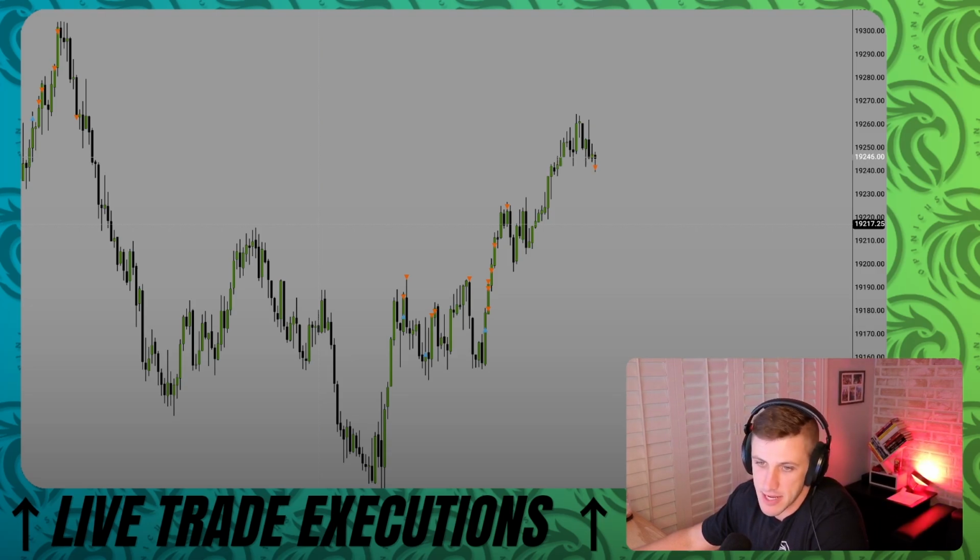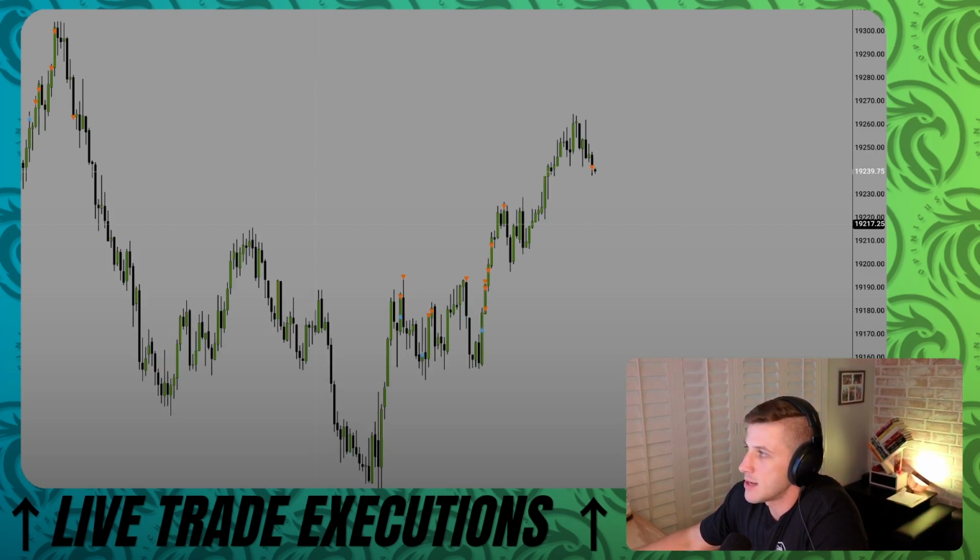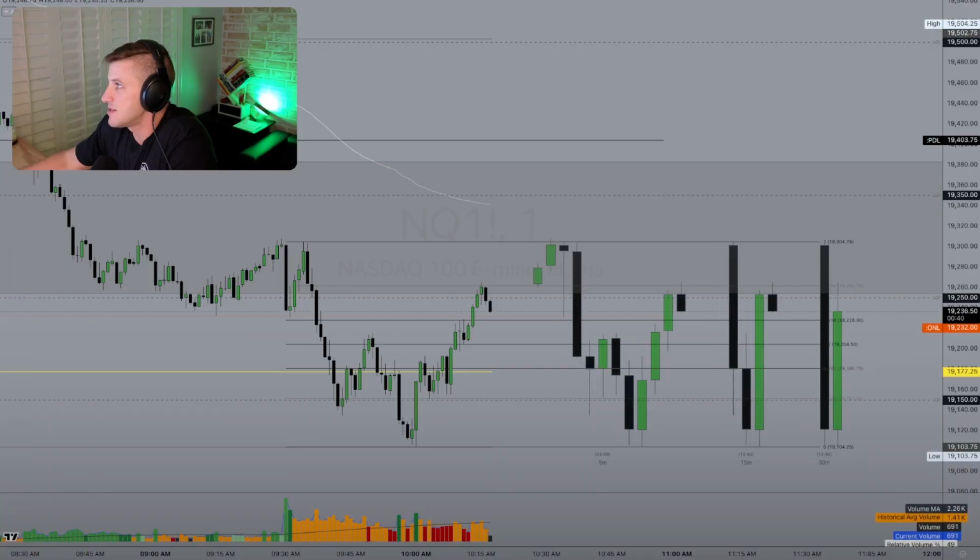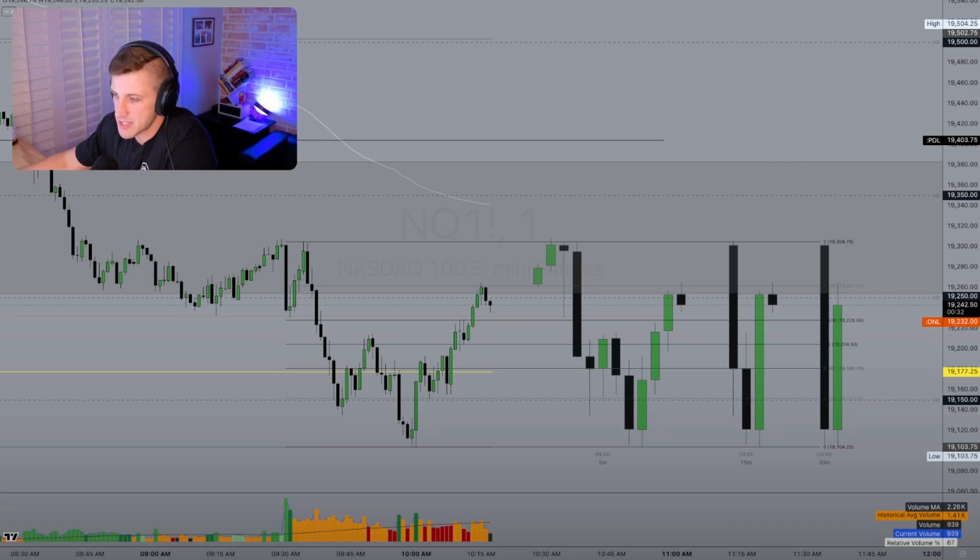There it is. Trailed out. Trailed out. Not bad. A little reclaim of the level of interest with a higher low, some market structure. Wonder if Mish was in there. That's the signature Mish entry right there.